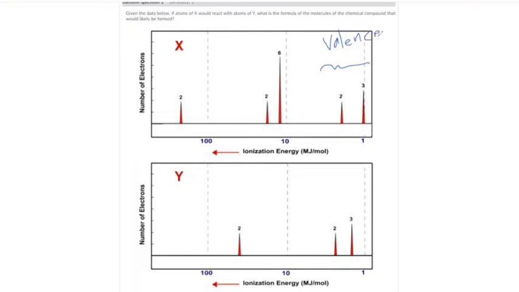The inner shells are called core shells. When it comes to chemistry, all that matters is the valence shell. The core shell doesn't play a role in the chemistry, so I will only pay attention to this.